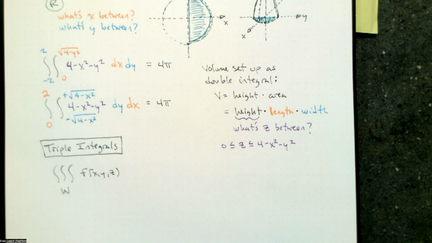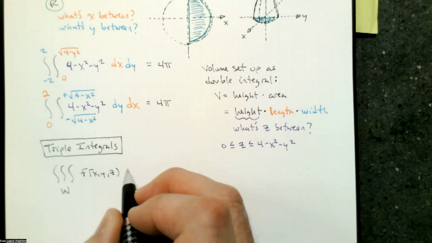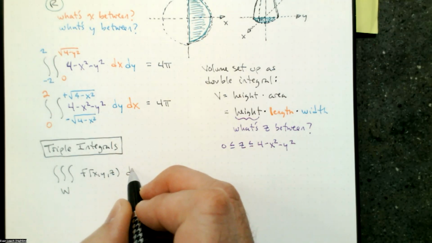So we had to trade this one out. So we're just going to call it W for solid, because of all the W's that show up in the word solid. Now, in this case, we're going to be integrating over dV.